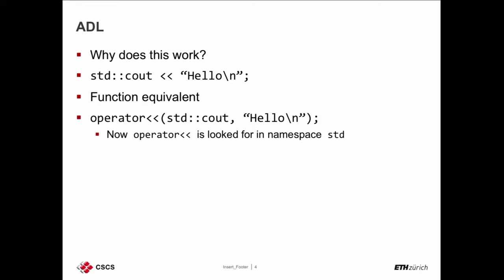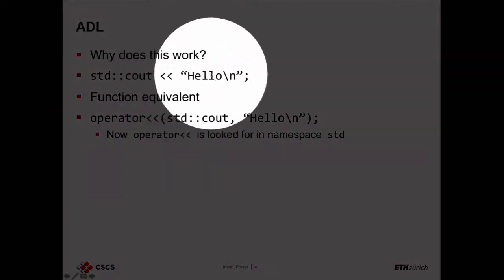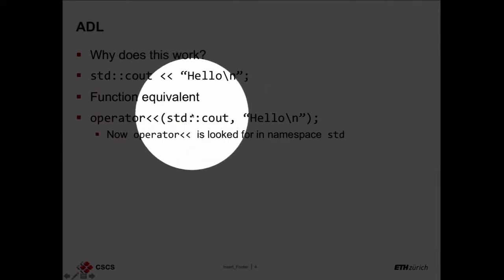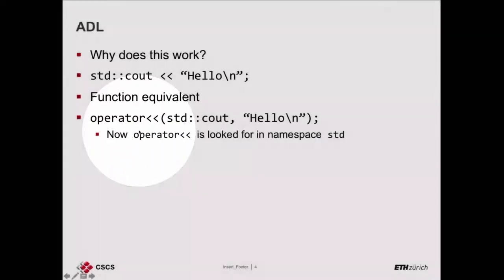If you put here some other class, and you have this operator defined in your namespace, this will become a compiler error, because the compiler cannot choose between the std namespace and your namespace.